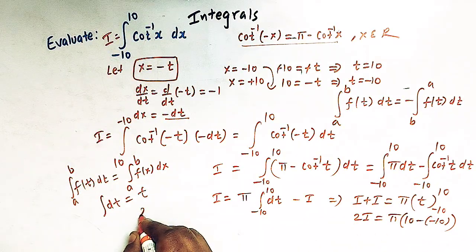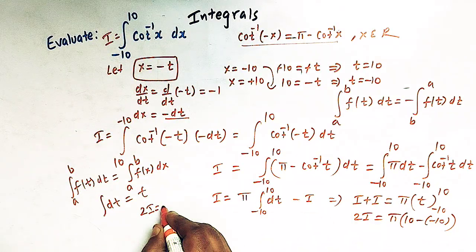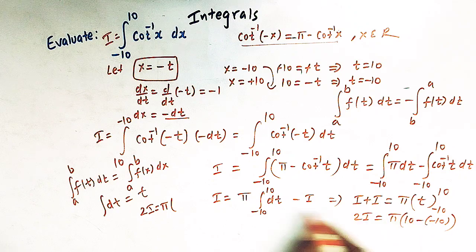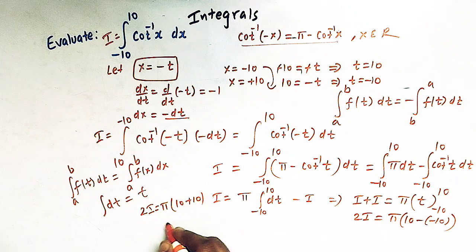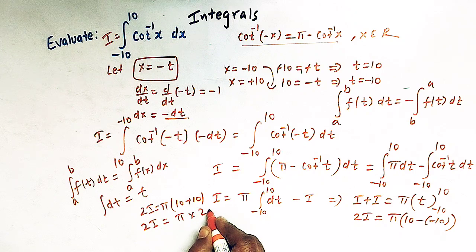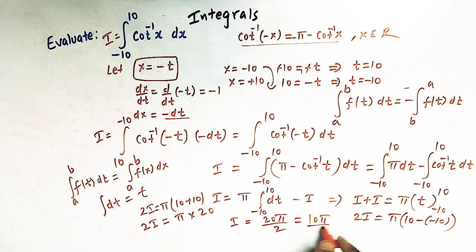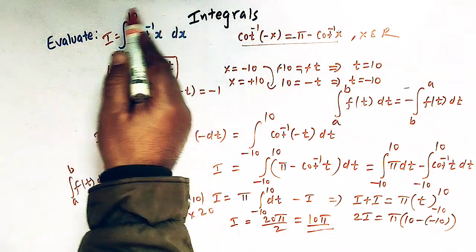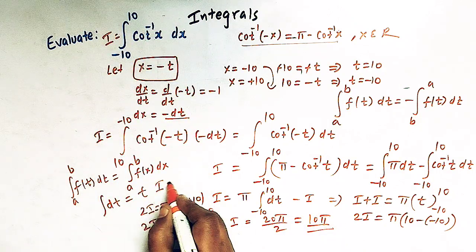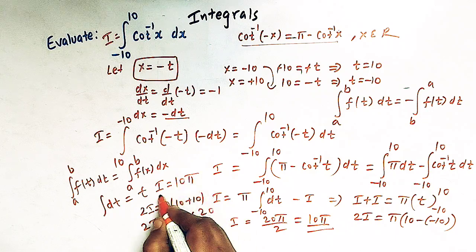So now we can write 2I, and we have pi times 10 plus 10. So this is 2I is equal to pi times 20. So I is 20 pi over 2, that is 10 pi, right? So the value of this integral I is equal to 10 pi.